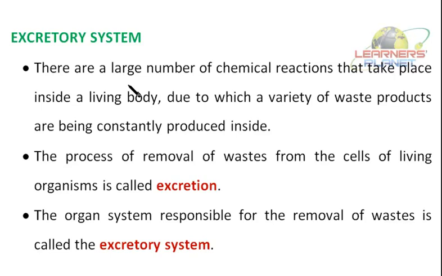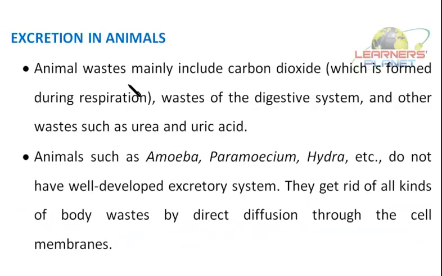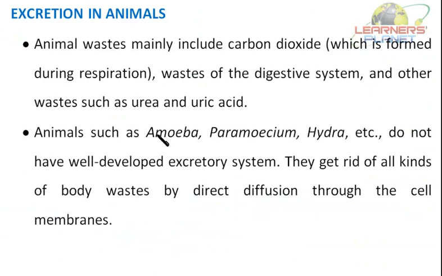Let us now discuss excretion in animals. Yes, students, we know that animal wastes mainly include carbon dioxide, which is formed during respiration. So, it may include carbon dioxide, wastes of the digestive system, and other wastes such as urea and uric acid.